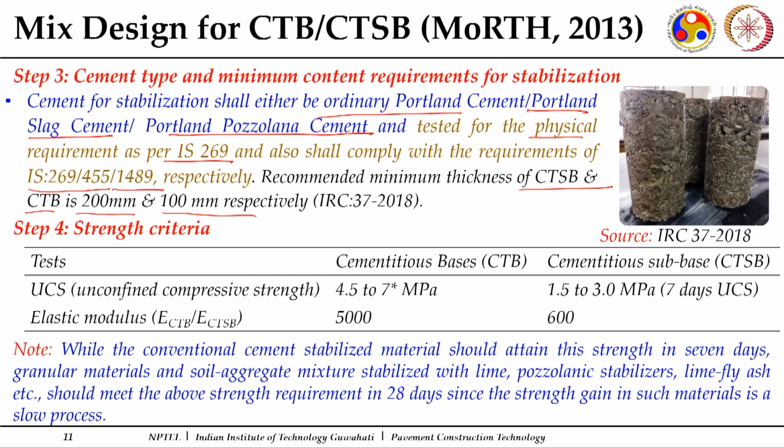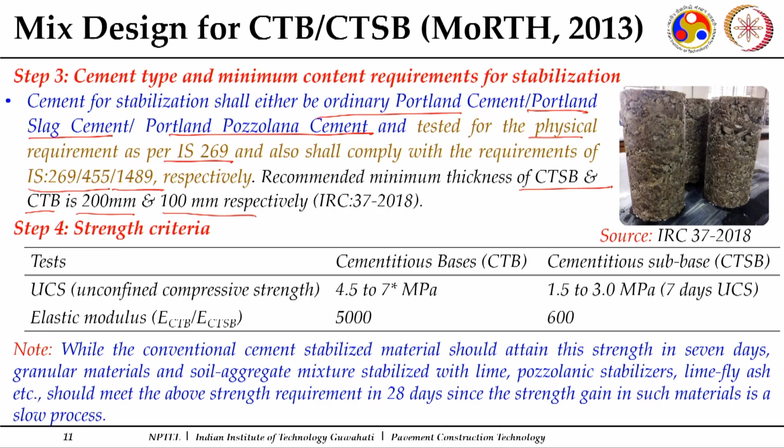When you are doing this treatment or stabilizing the material, most commonly with cement, you have to work out the strength in terms of unconfined compressive strength, especially for granular materials or stabilized granular materials.